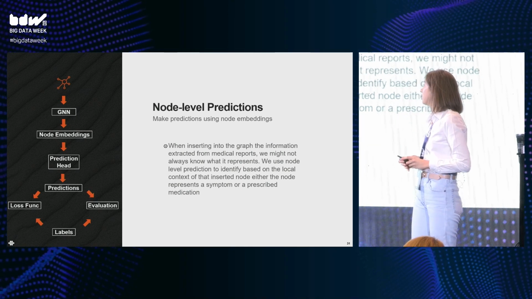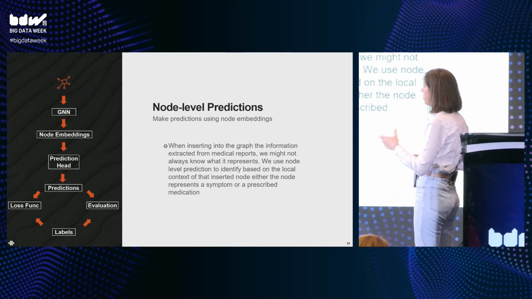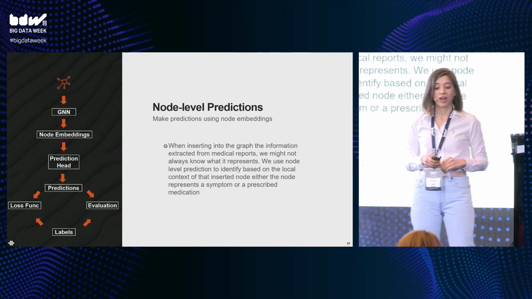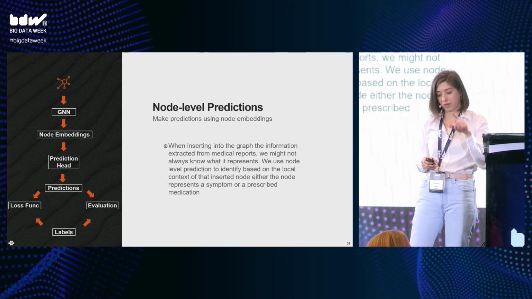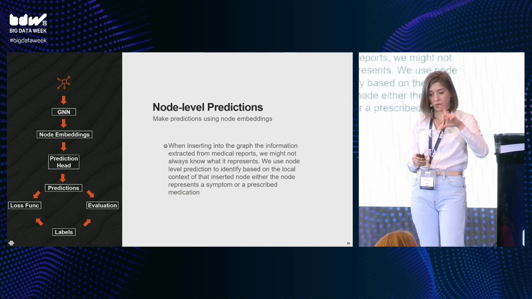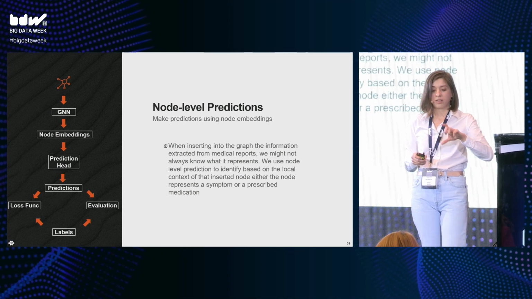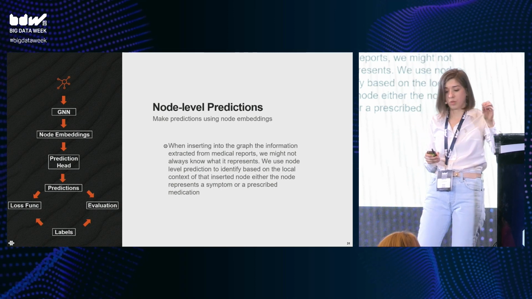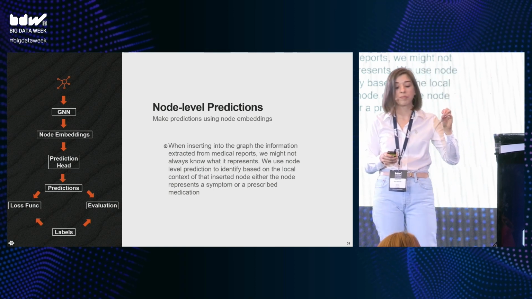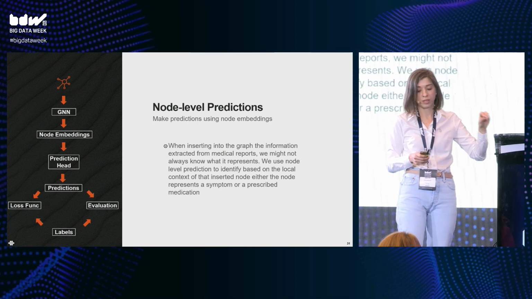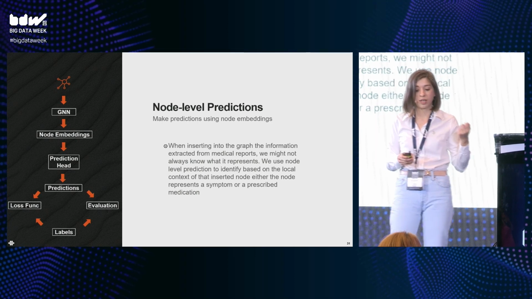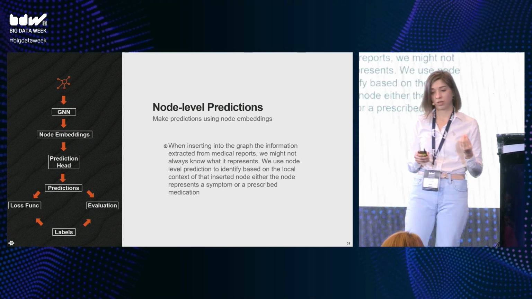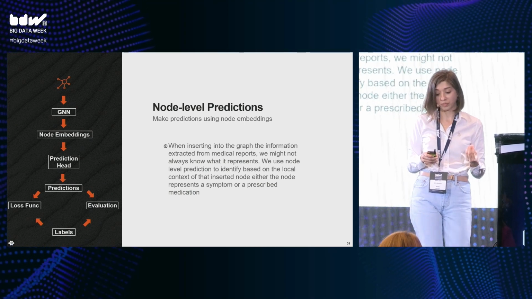Right. To make this more clear, on the left side there, on my right side, we have a small diagram explaining how this training process works. And this is not so different from other training processes. You have the input, which in this specific case is a graph. You have the neural network, then you obtain some embeddings, and you have a prediction head. This prediction head might be different depending on the task that you're trying to perform.